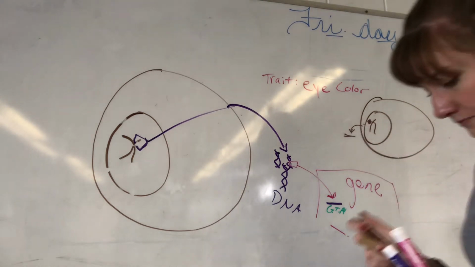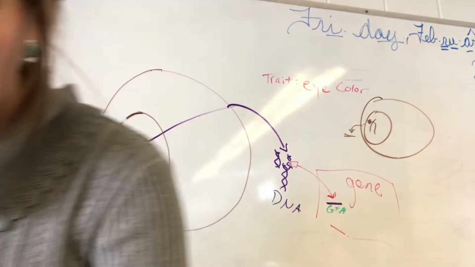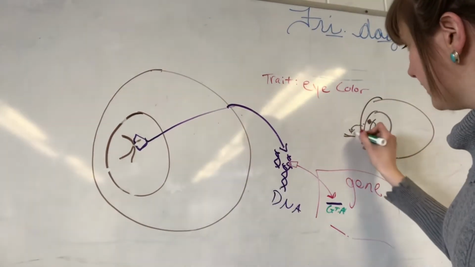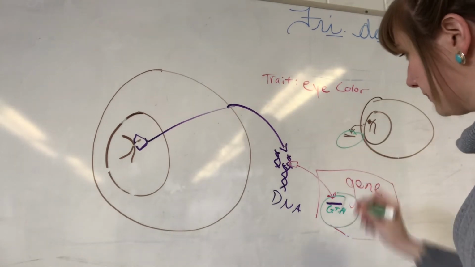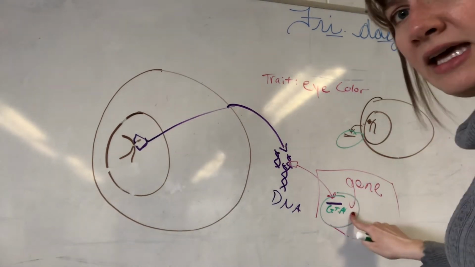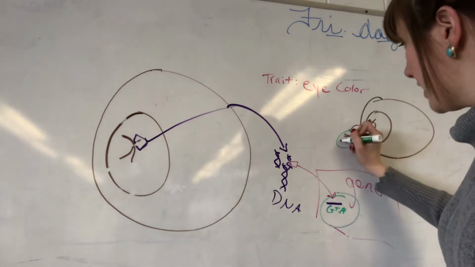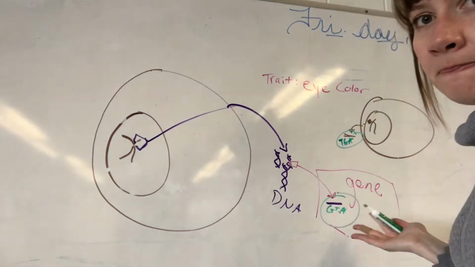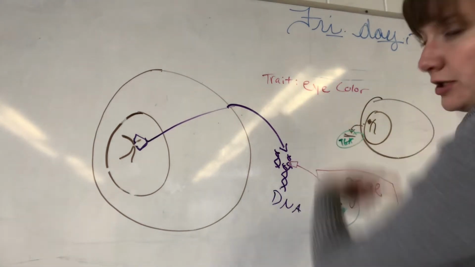So we're going to breed these two cells, and we have this gene and this gene, and let's say instead of GTA, this one is TGA. So they're different, but they're coding for the same thing. We're talking about eye color.